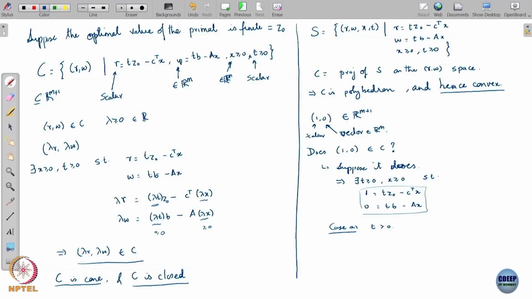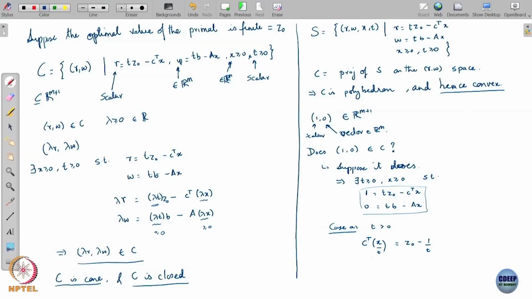If the t that you got is positive, then I can divide throughout by t, and I get that c transpose x by t is equal to z0 minus 1 by t.